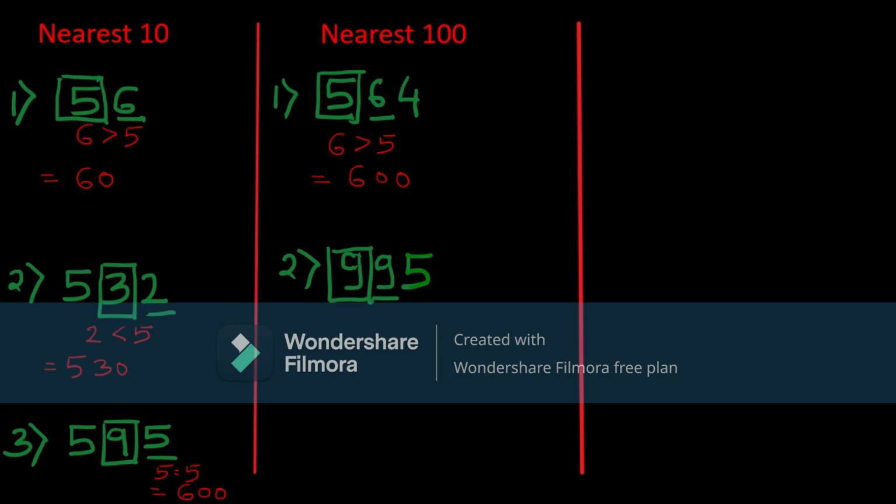Similarly, let's discuss the question where the number is 995. The number at the 100 place is 9, and the number to the right of that is 9, which is greater than 5. So we'll increase this 9 by 1, and it will become 1000.